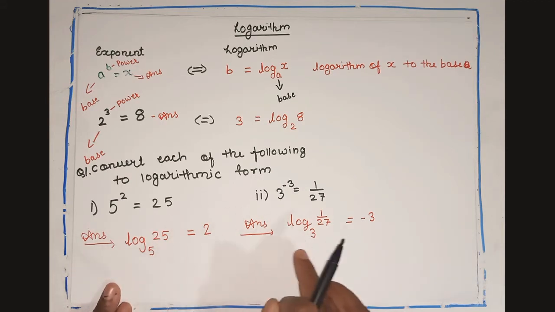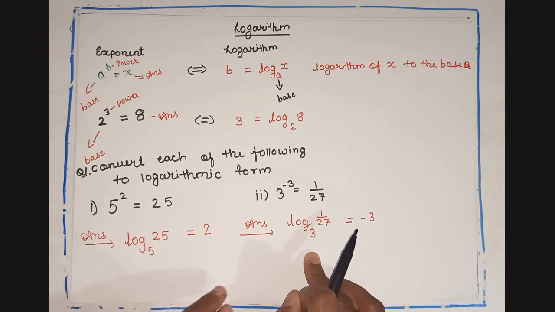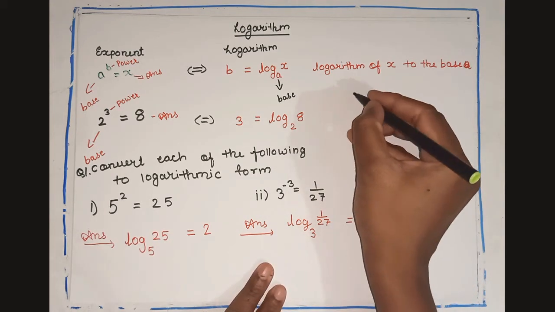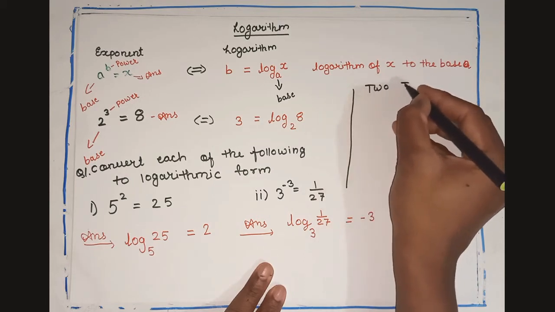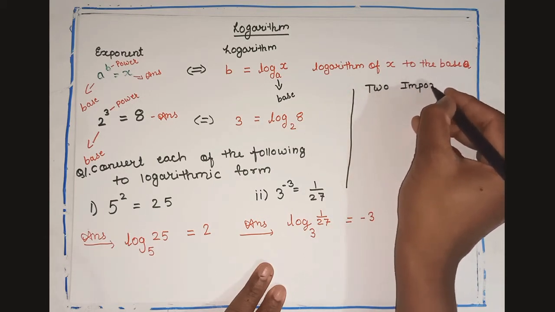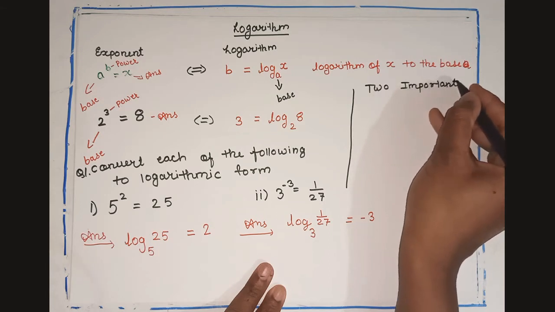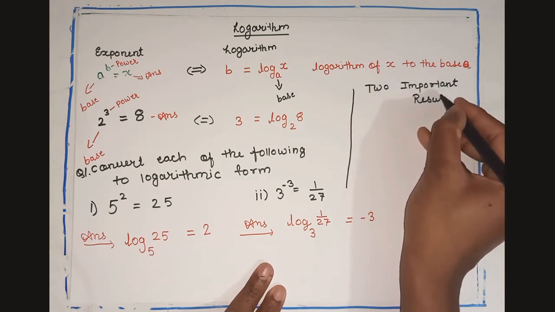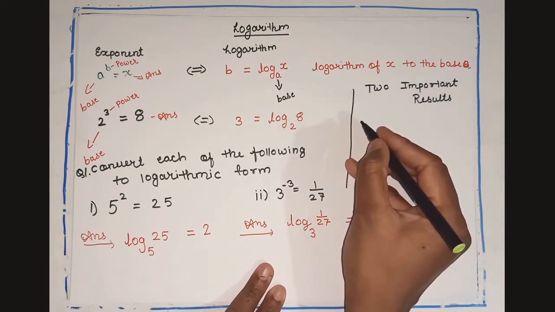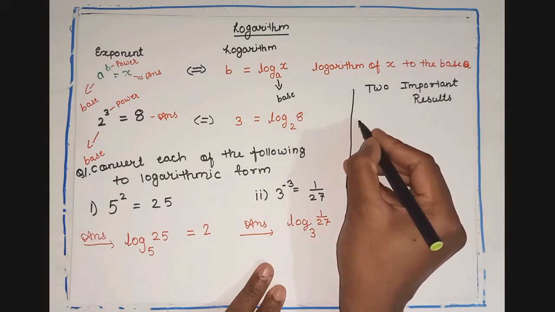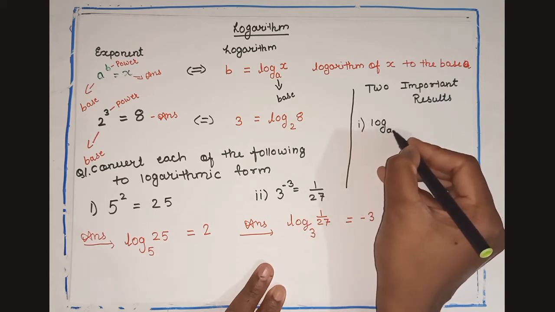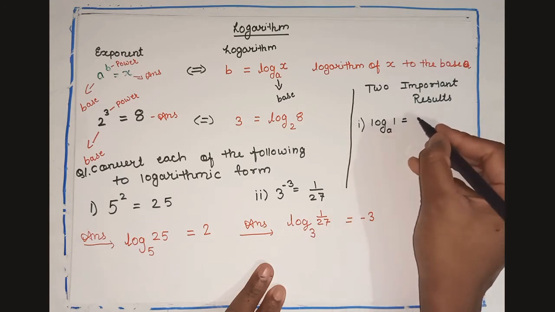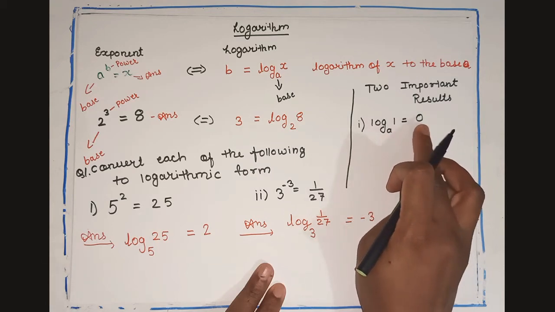On the basis of this, I have also discussed the exercise problems. Now there are 2 important results which you must know. Learn them. The first one is log of 1 to the base a equals 0, and why this comes, I will also show you.